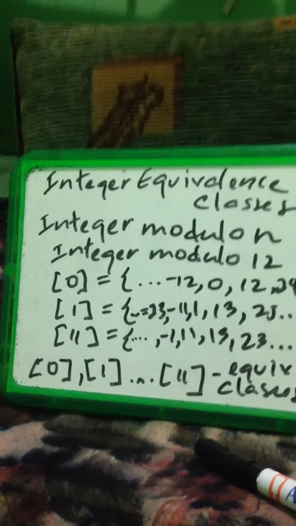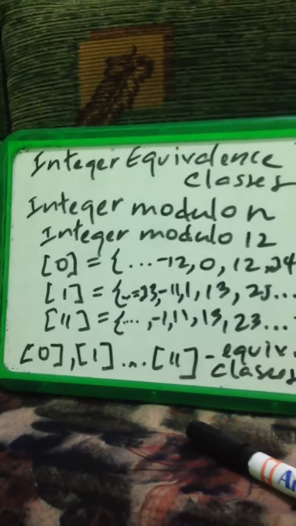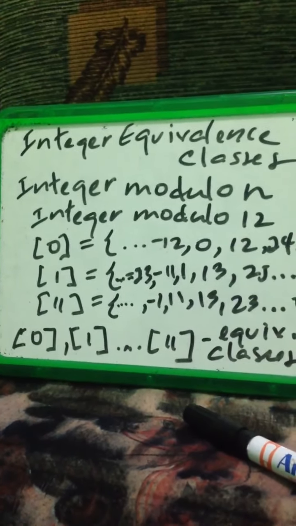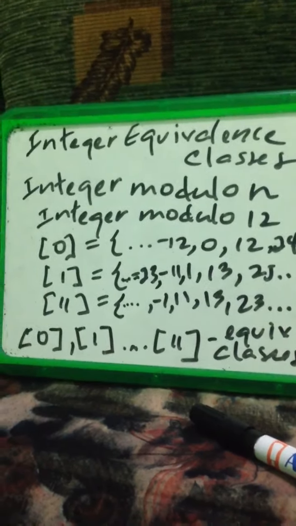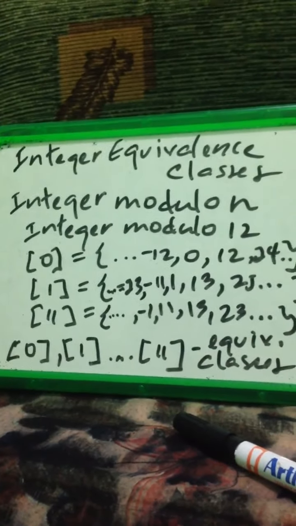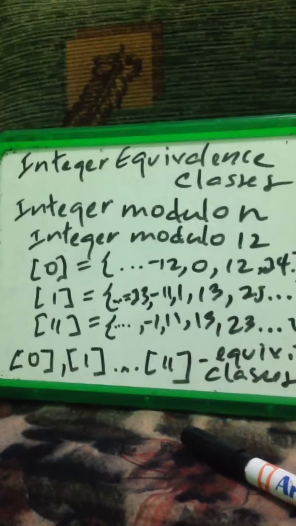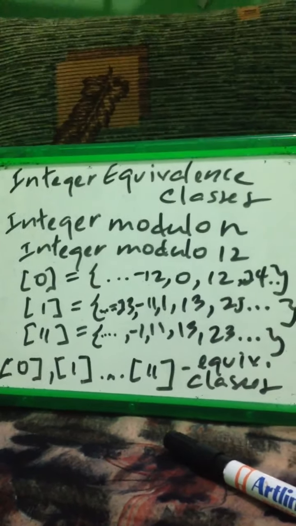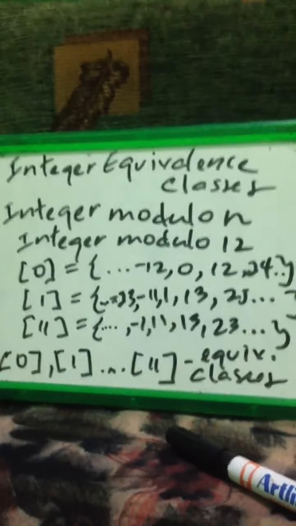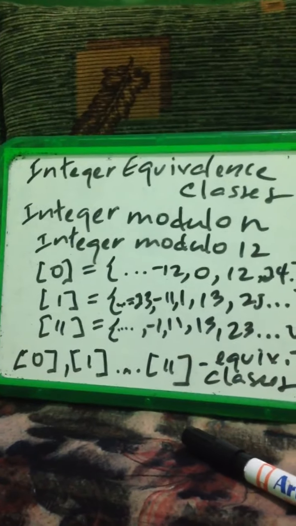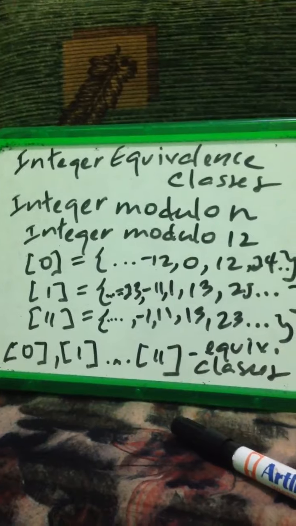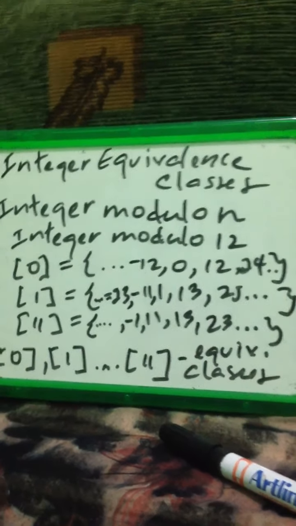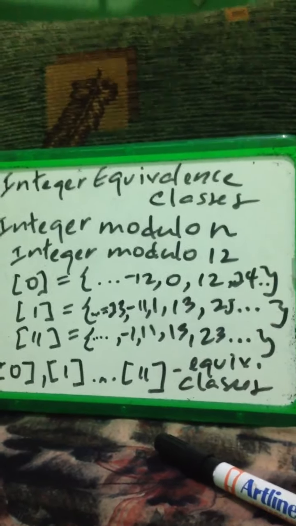will be extended infinitely to the left. Then second, the equivalence class 1 with the bracket 1. It means that you will start from 1, going to the left and going to the right. You're going to add 12: 1 plus 12 is 13, 13 plus 12 is 25, and so on.